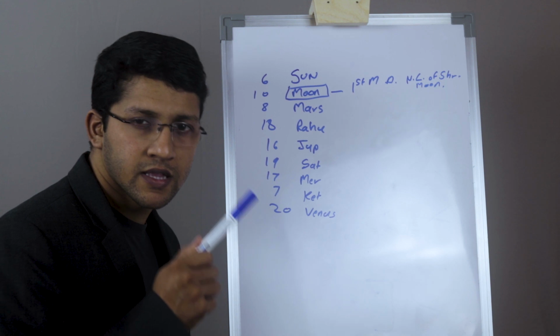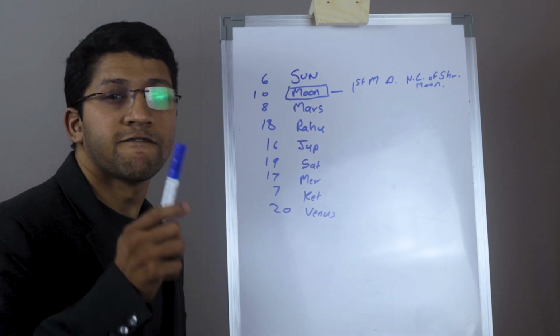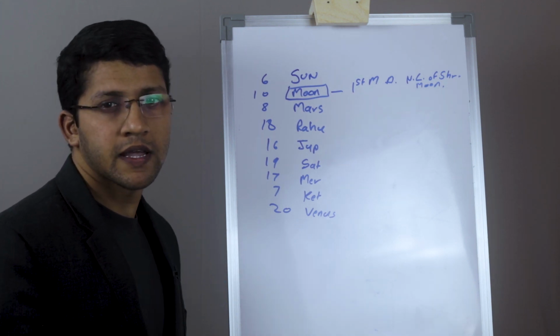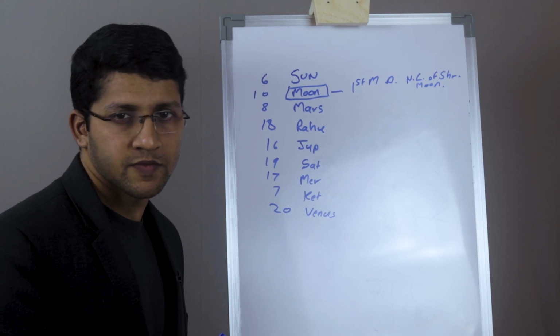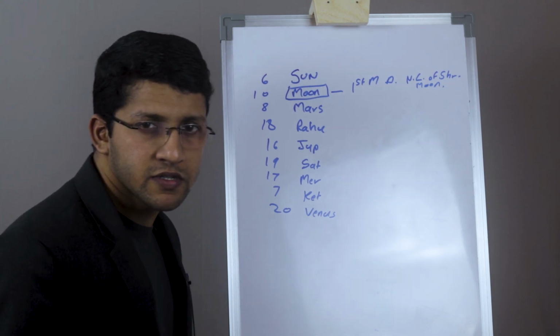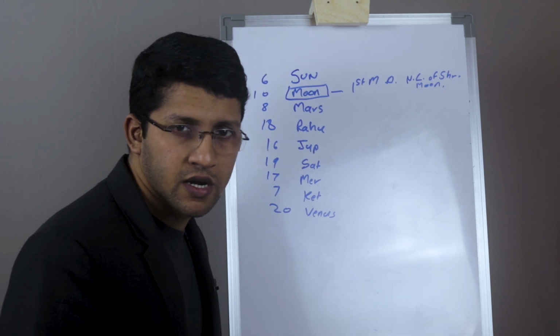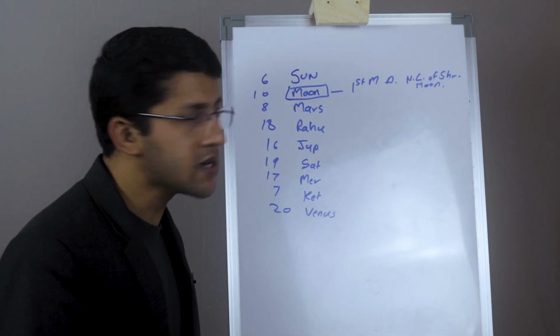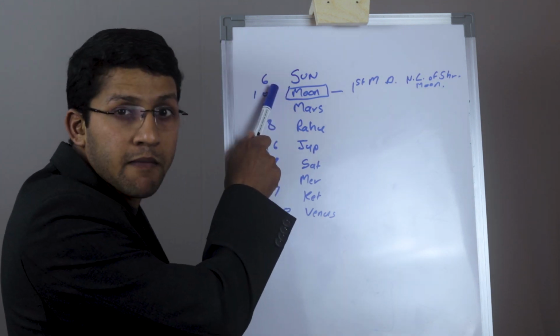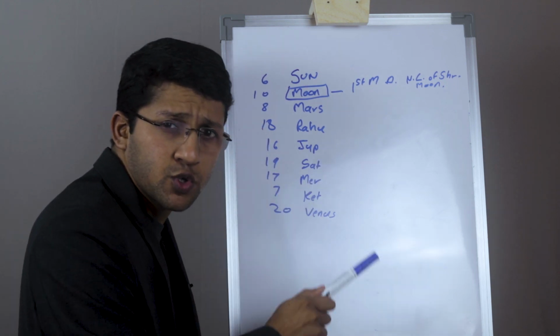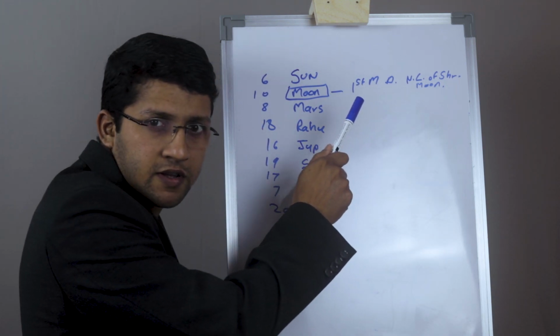Dashas will come in this sequence, but the first Dasha will determine the sequence. What do I mean by that? The person is born on Shravan nakshatra, so his first Mahadasha will be Moon. Why? Because Shravan nakshatra is ruled by Moon.